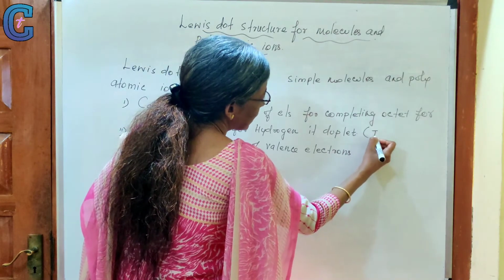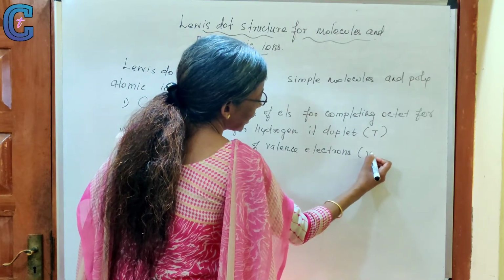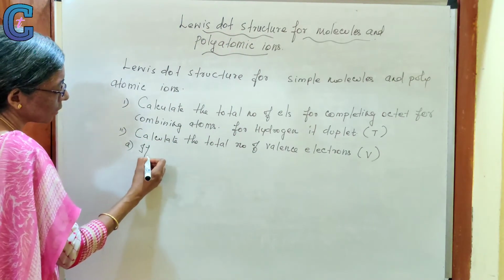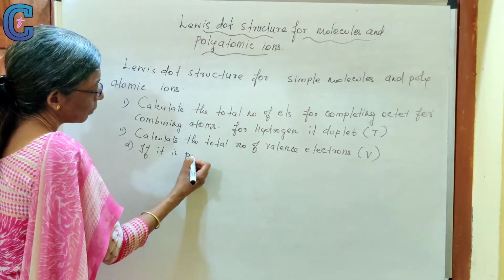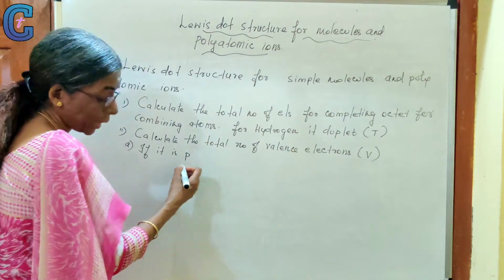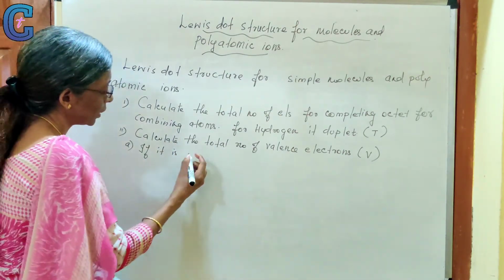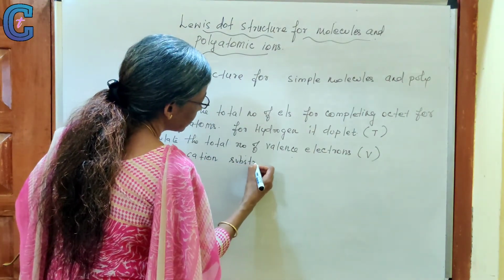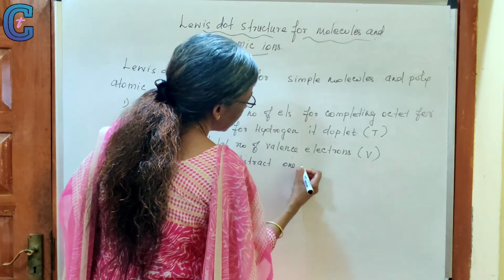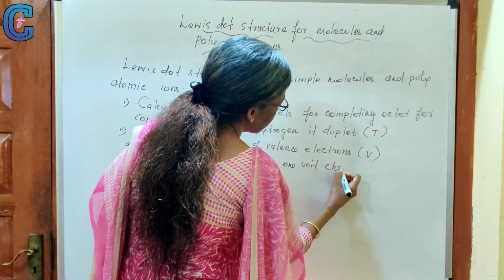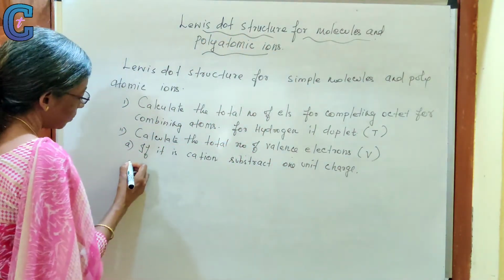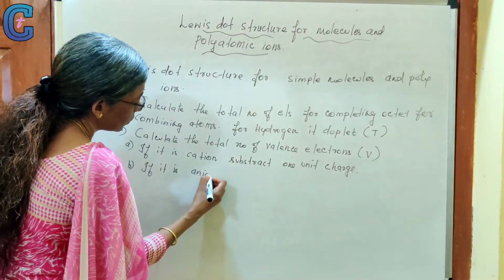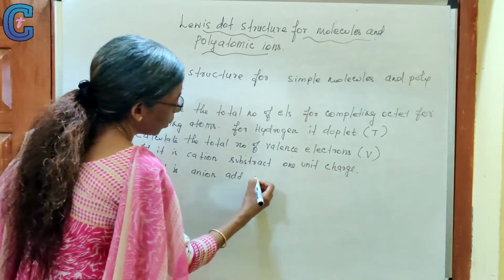This we can name as T, and the valence electrons we symbolize as V. Here, a sub-point: if it is a cation, subtract 1 unit charge. If it is an anion, add 1 unit charge.